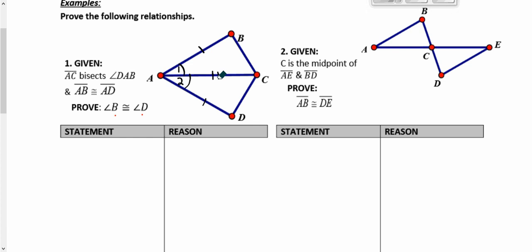Will that allow us to then get the triangles congruent? Angle bisector is not a reason for congruent triangles. They're 1 and 2. Are they stated congruent anywhere here? No. So you have to make that statement, don't you?